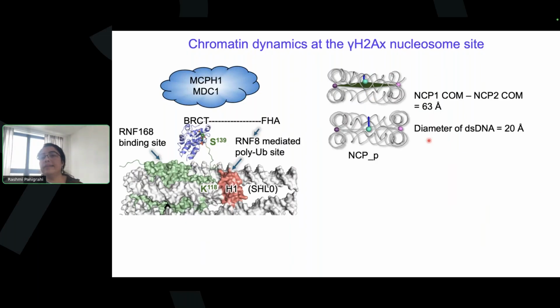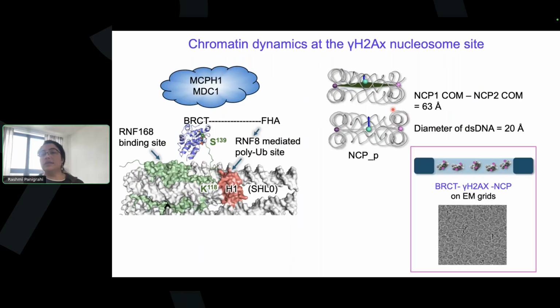Also remember that the diameter of a double-stranded DNA is 20 angstroms. So taken together, what we see is there is steric hindrance if we want to pack this BRCT within a stacked nucleosome structure. And no wonder this explains why having the BRCT-bound system actually disrupted the stacking.